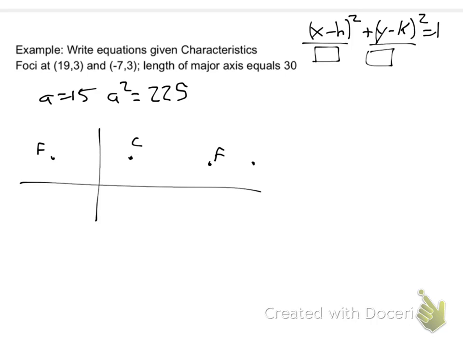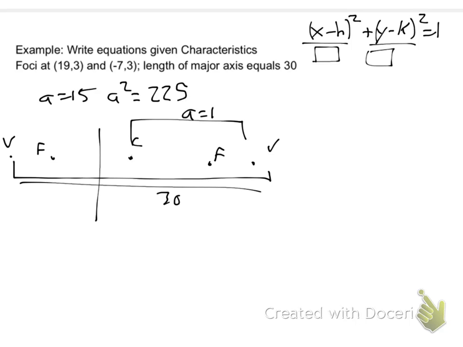In. So I have a vertex out here and a vertex out here. I think you guys should be able to agree with this, right? Yes. Which means that this distance all the way across is 30. So that means this distance was A, which was 15. That's how we got A squared.